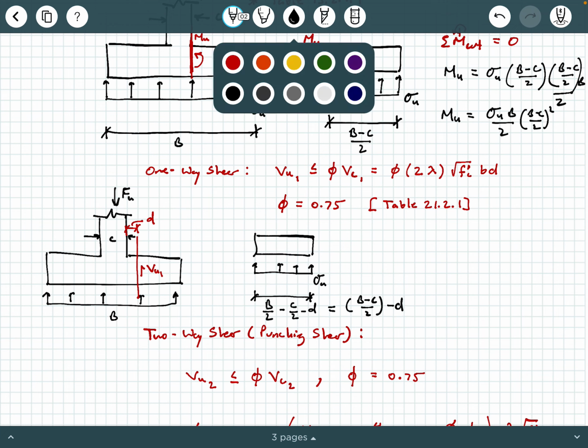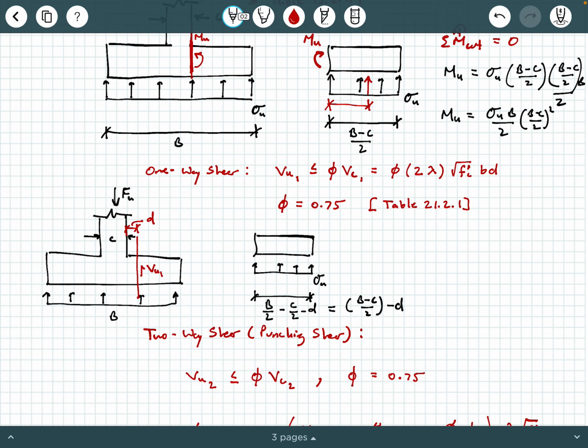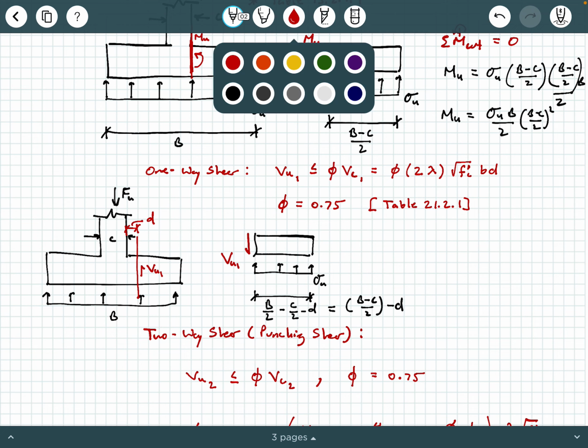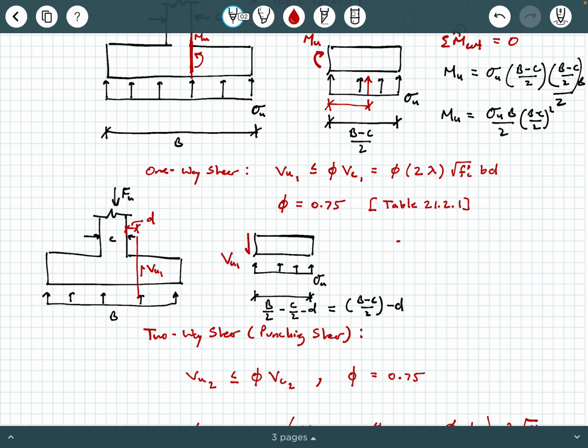And so if I'm looking for the shear force here, Vu1, how do I get that? Well, it really just comes from the sum of the forces in the y direction equals 0.